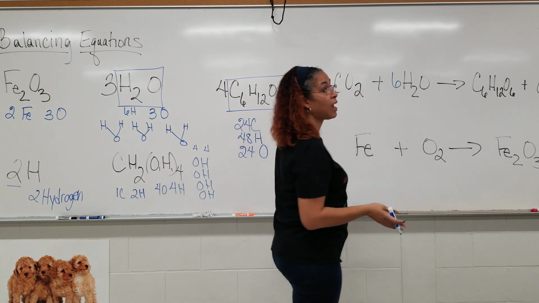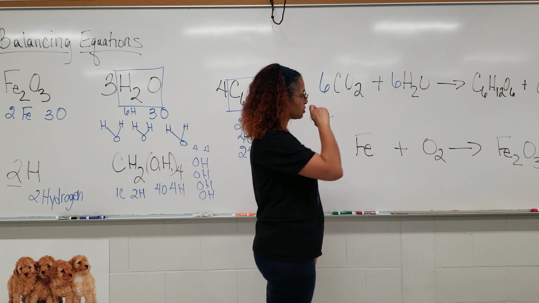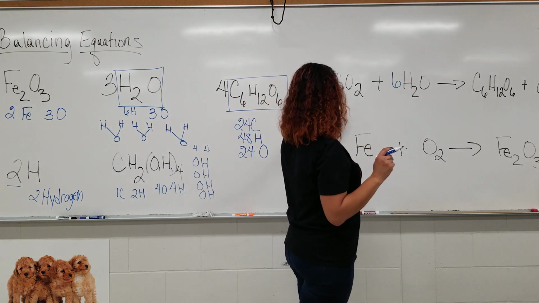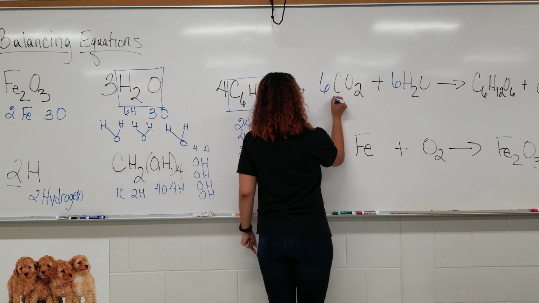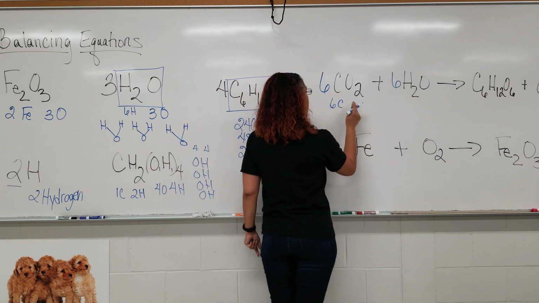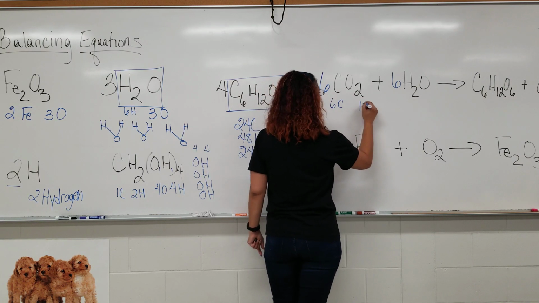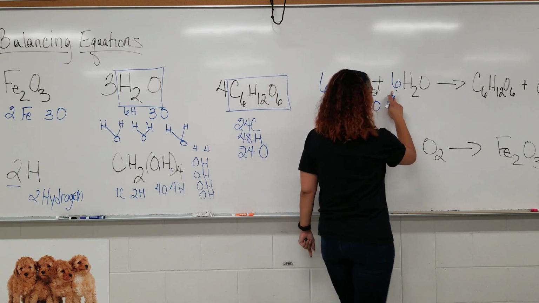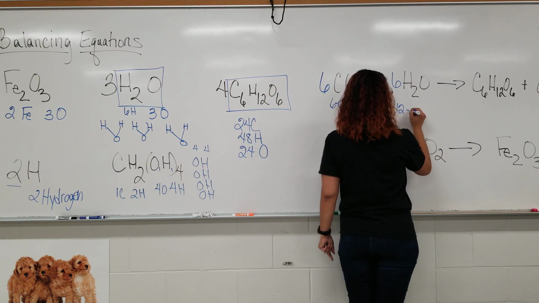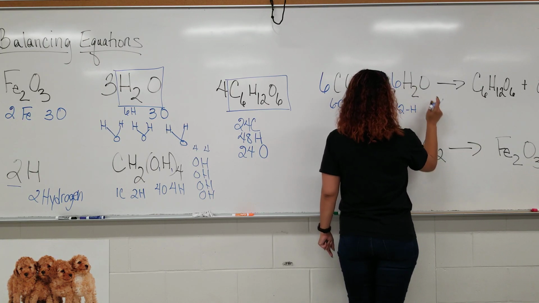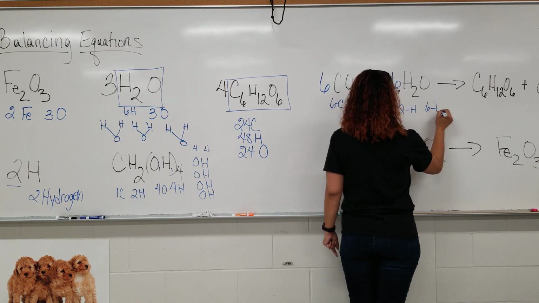Now, I really have a crazy number for my oxygen, right? Here I have 6 carbons, 12 hydrogens and 6 oxygens.